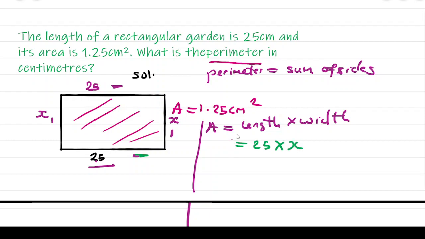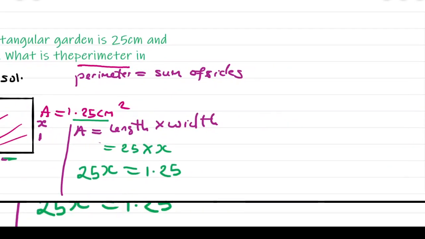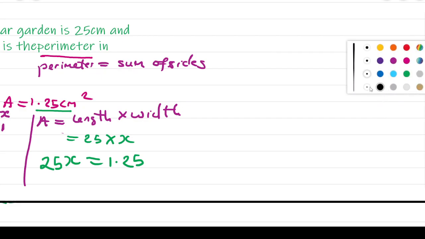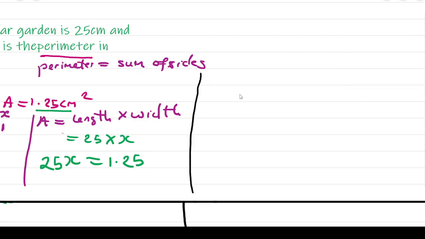But the area is equal to 1.25. So we have that 25x will be equal to 1.25. That is one thing we have for sure. Now how do we find x from this equation? Very easy. All we have to do is divide both sides by 25.